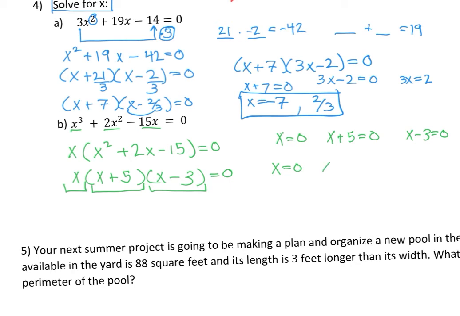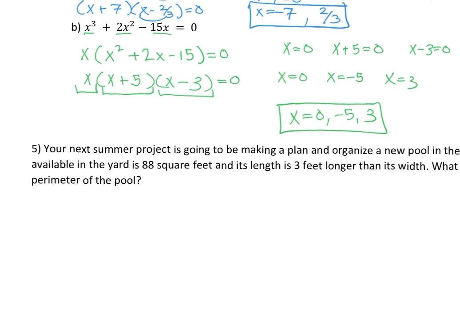Here, if we subtract 5, we get x equals -5, and then add the 3 over, we get x equals 3. So there are the 3 solutions. Okay, we get 3 solutions because the problem was x to the third, and that will happen most of the time.